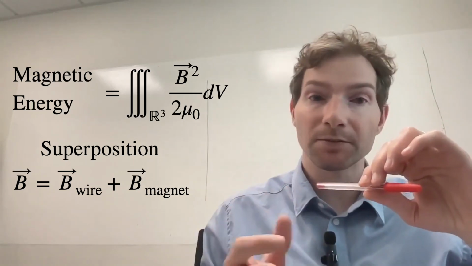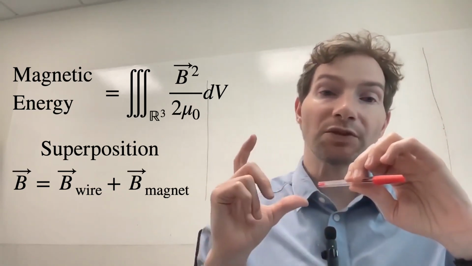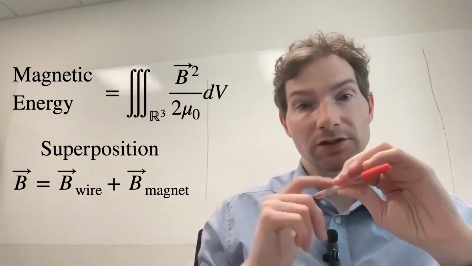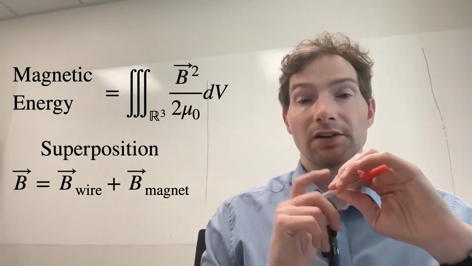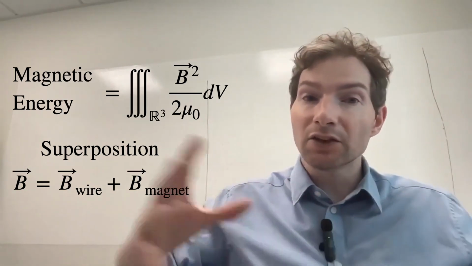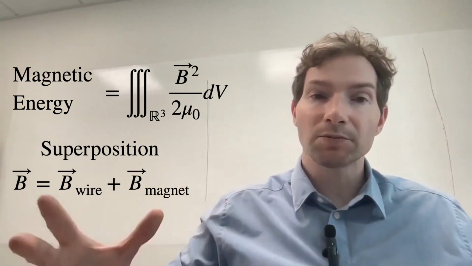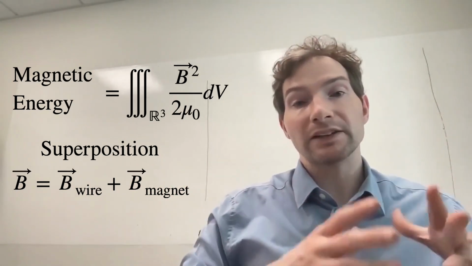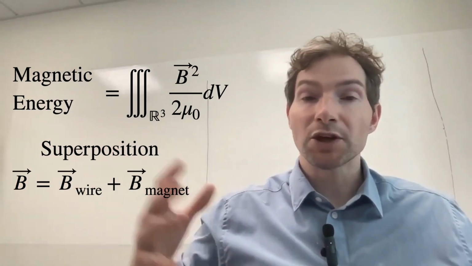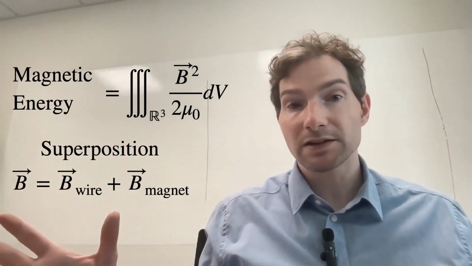So you simply add up these magnetic fields, and then you evaluate the magnitude of this addition, the magnetic field squared, in fact. And what you do then is you integrate everywhere. So you sum it up over the entirety of space.